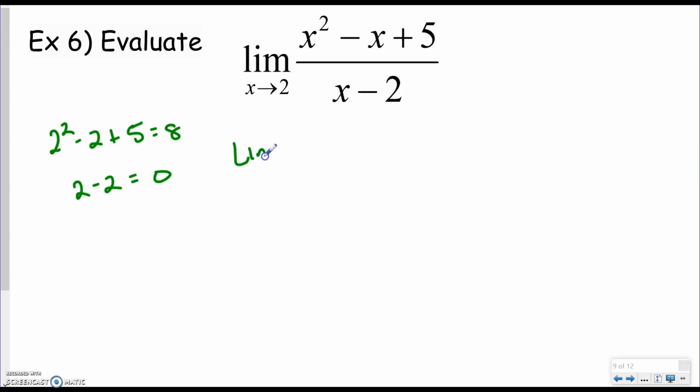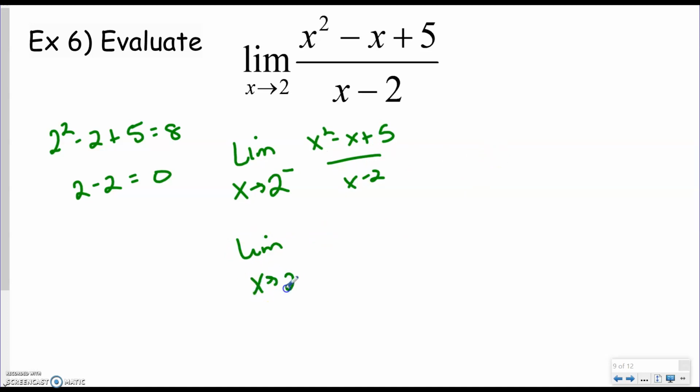So if I do the limit as x approaches 2 from the left of x squared minus x plus 5 over x minus 2, and the limit as x approaches 2 from the right, I'm going to let you go ahead and graph that real quick and check it out, or look at the graph in your book, and I can actually pull that up if you'd like to see it.